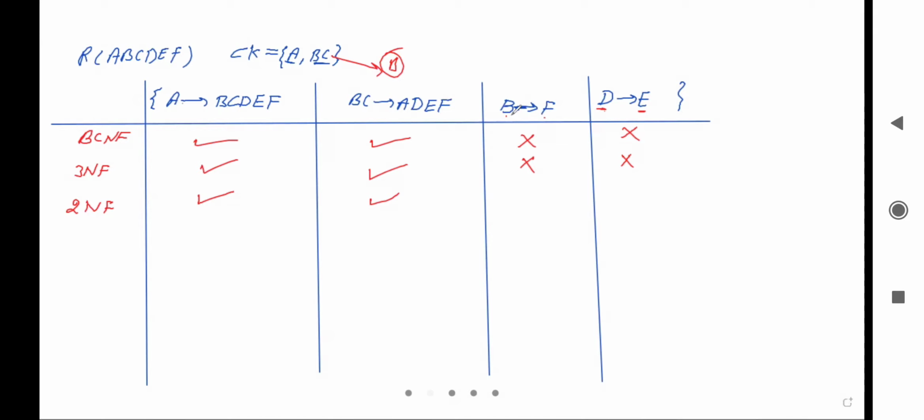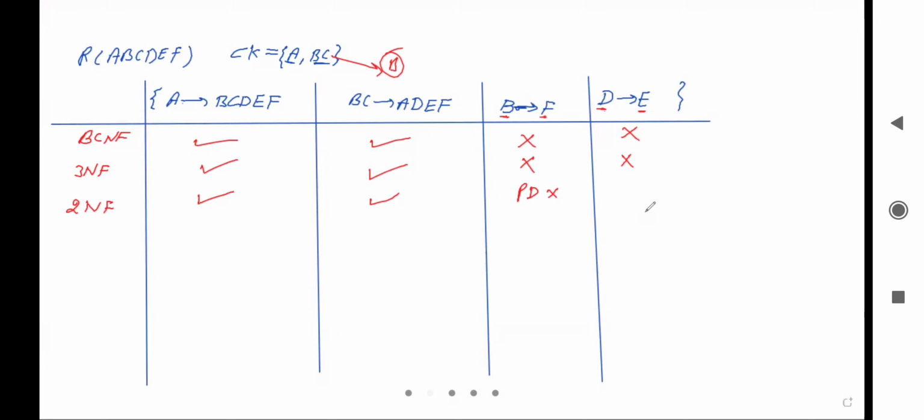So B is the proper subset of the candidate key and F is the non-prime attribute. It means in this case there is a partial dependency. Due to the partial dependency, it is failing to be in second normal form. So it is not in second normal form.